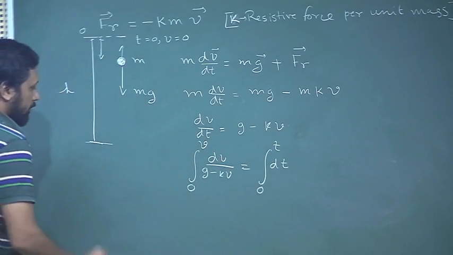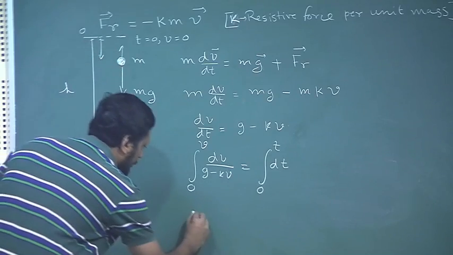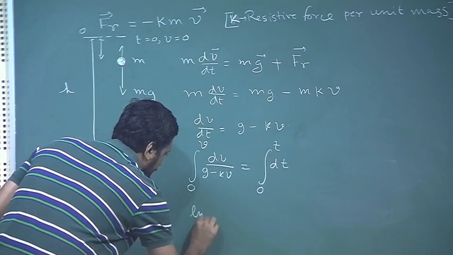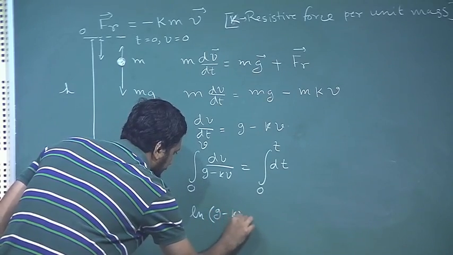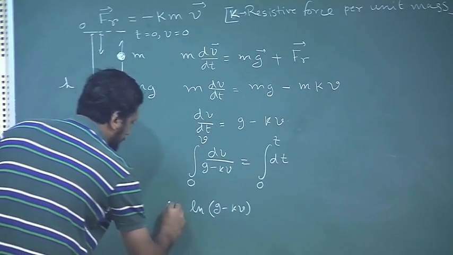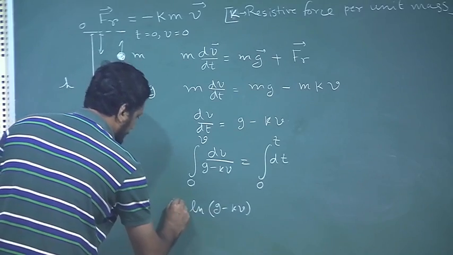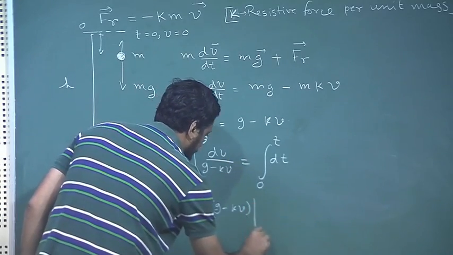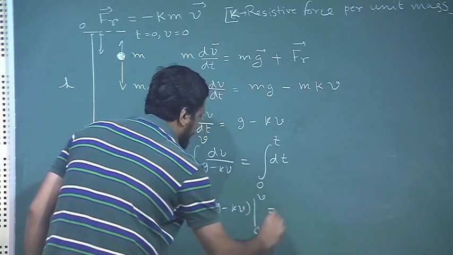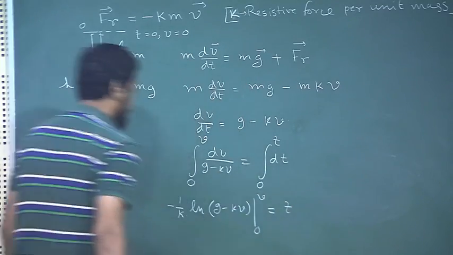Now, if we perform this integration, it will be ln of g minus kv, divided by 1 by k, from 0 to v, is equal to t.